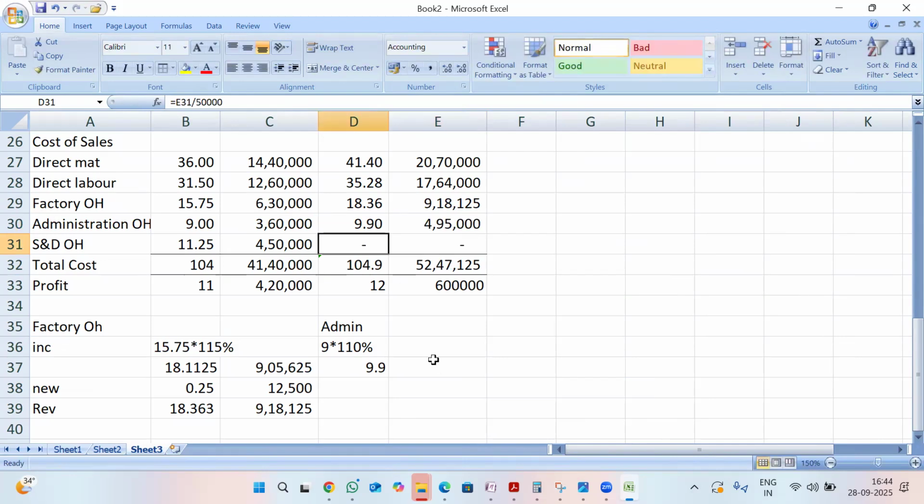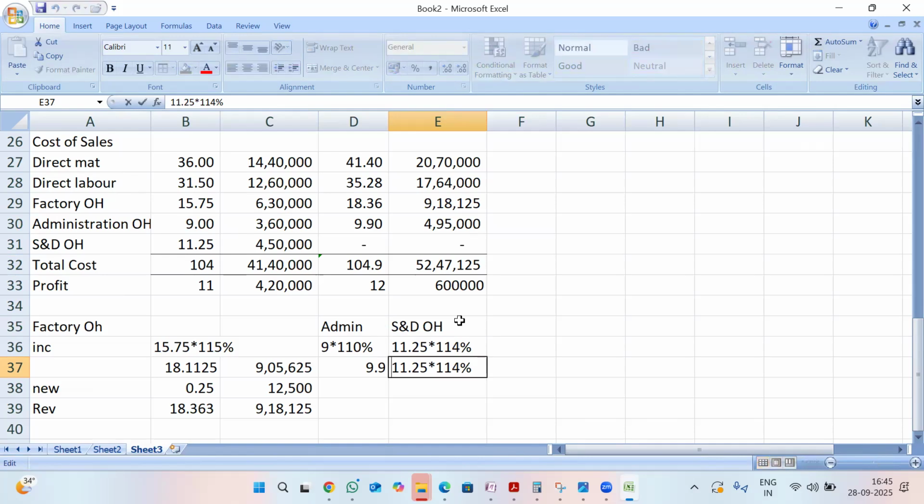So I will be getting 4,95,000. Then selling and distribution overhead is increasing by 14 percentage. So per unit cost 7.25 into 14 percentage, 2.825 per unit, and total will be 6,41,250.